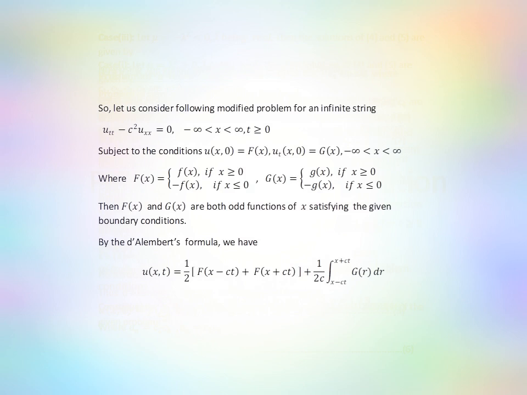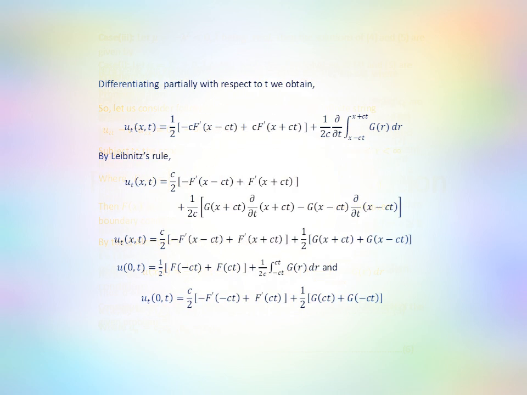So by the D'Alembert's formula, which we discussed in the previous lesson, u(x,t) equals 1 by 2 times capital F(x minus ct) plus capital F(x plus ct), plus 1 by 2c times the integral from x minus ct to x plus ct of capital G(r) dr. Differentiating partially with respect to t, by Leibniz rule from differential calculus, u_t(x,t) equals c by 2 times minus F'(x minus ct) plus F'(x plus ct), plus 1 by 2 times G(x plus ct) plus G(x minus ct).